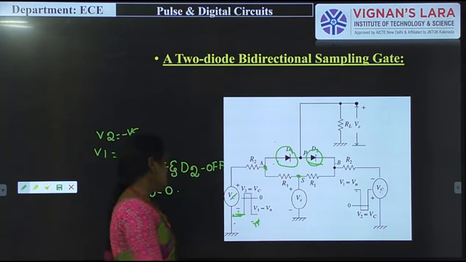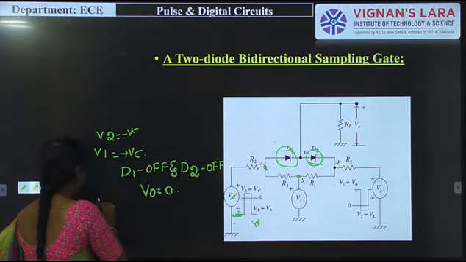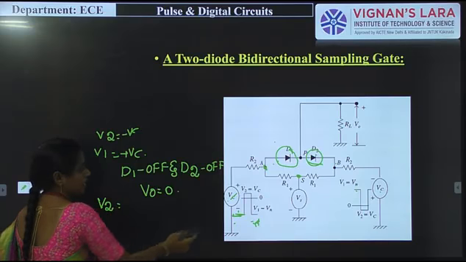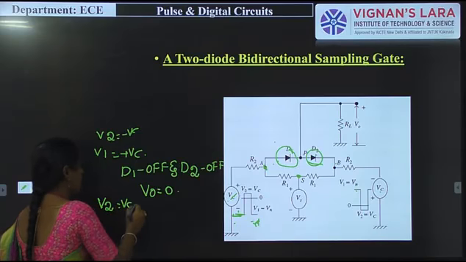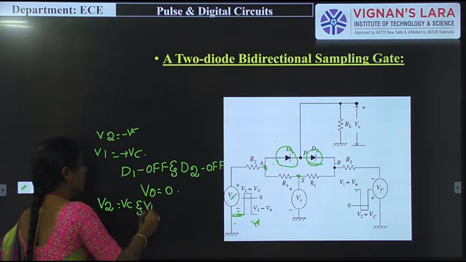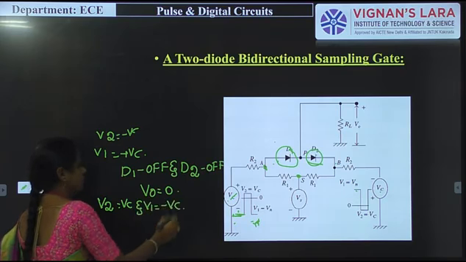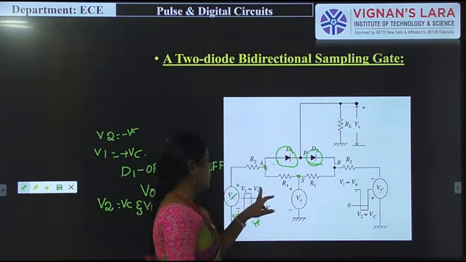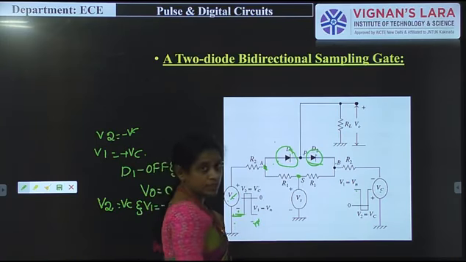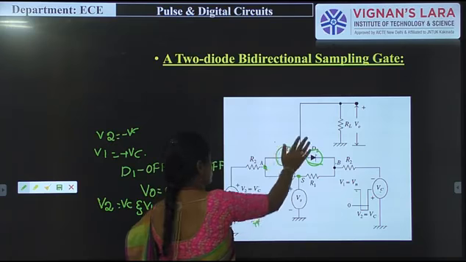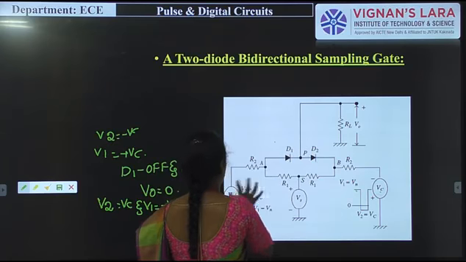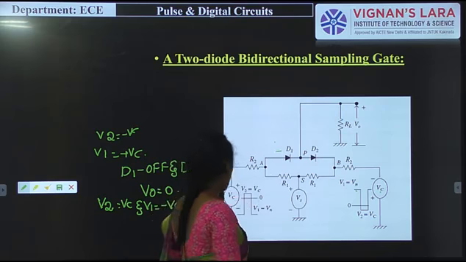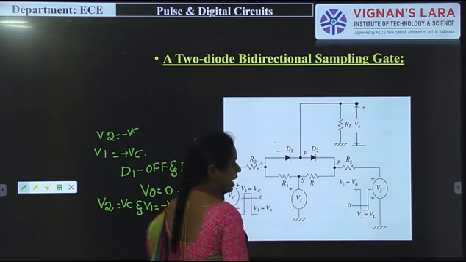And the next one is V2 equal to Vc and V1 equal to minus Vc. In this condition, the positive voltage is given to the anode terminal of the diode, and V1 is minus Vc.